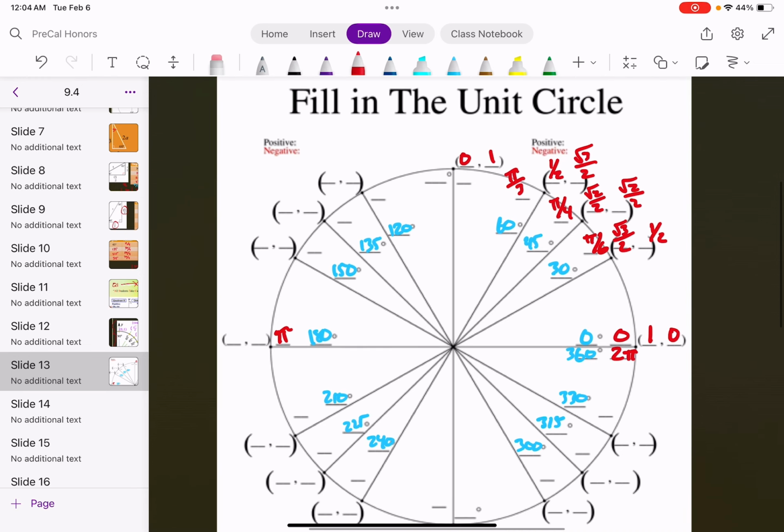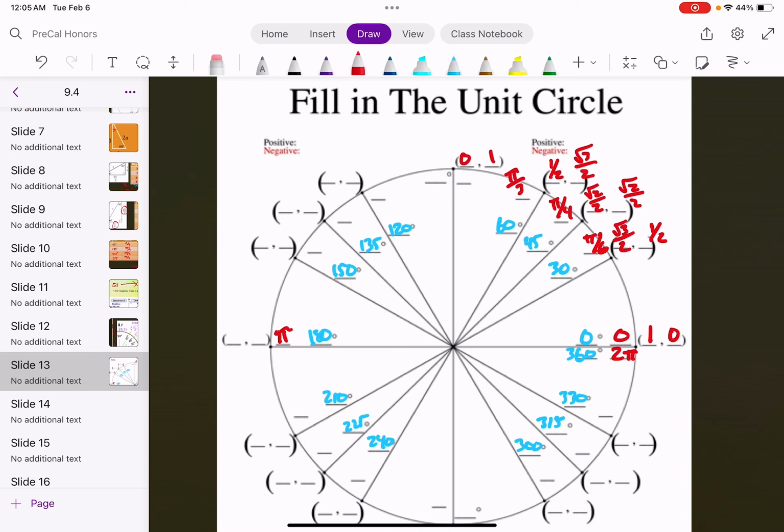Now this is extremely important because by understanding that first quadrant, you would be able to reflect everything needed as far as your points. So we're going to take a look at our 120 degrees, and the point here is 1/2 comma square root of 3 over 2. Now because we're going from the right side of our graph to the left side, it's kind of similar to a number line. Rather than the 1/2 being positive, we're now going to look at a negative 1/2.